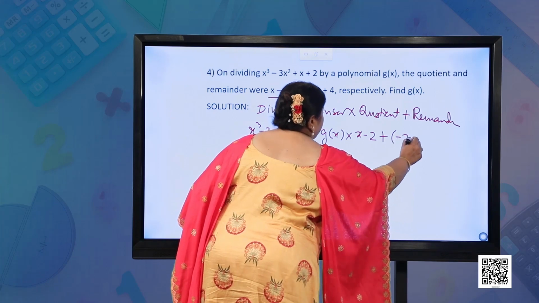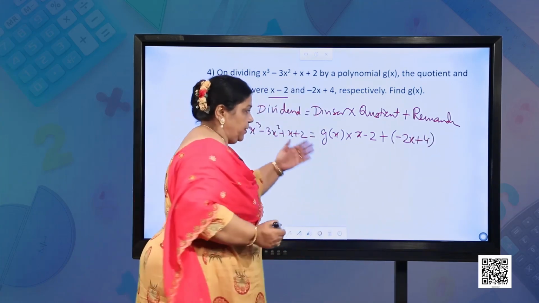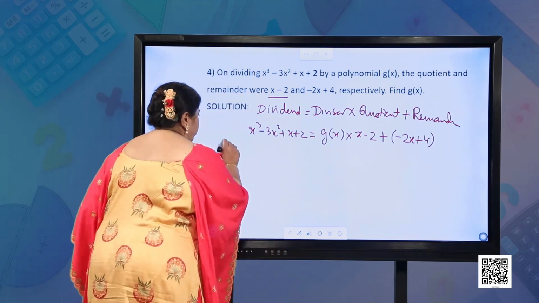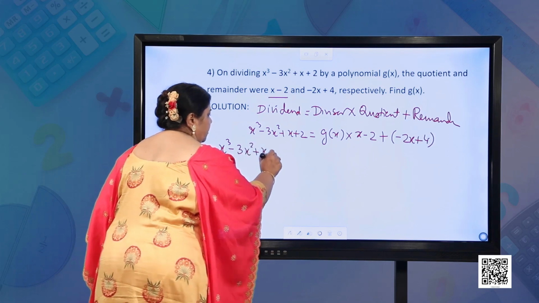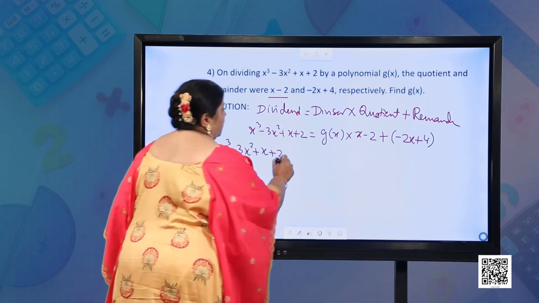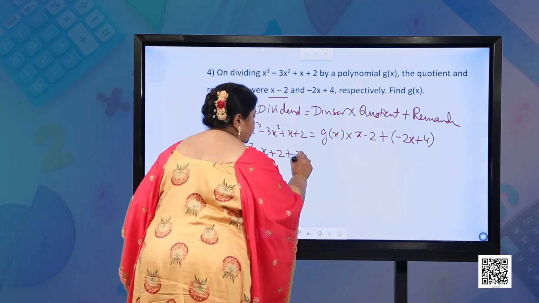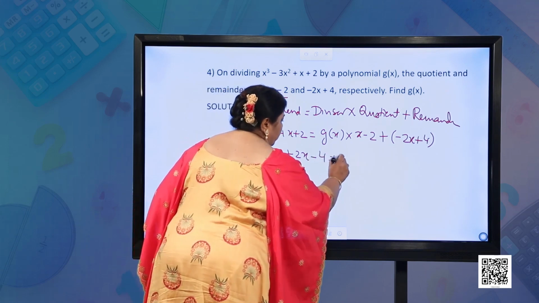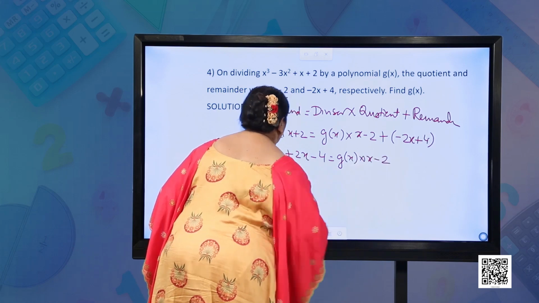Minus 2x plus 4. Now, students see, I will first simplify this and then I will go for the division process. I have x cube minus 3x square plus x plus 2, minus 2x will become plus 2x when it comes to this side and plus 4 will become minus 4 and I will be left with g of x into x minus 2.